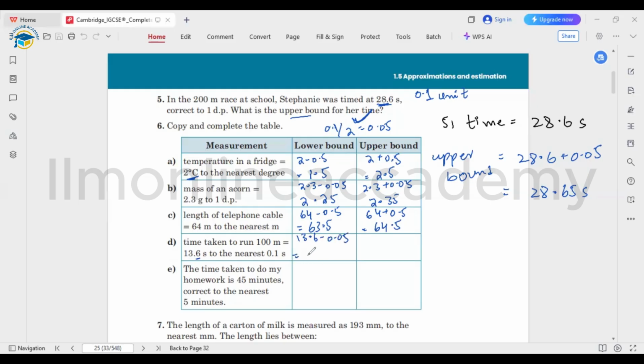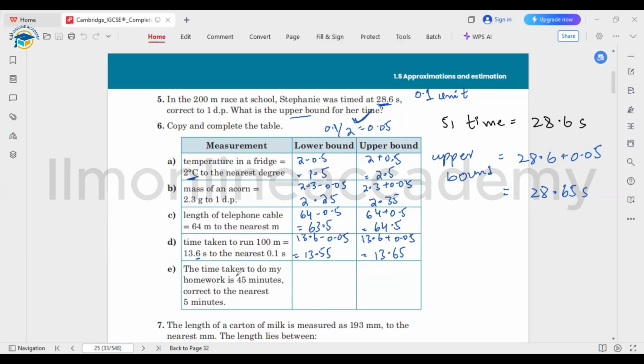After subtracting 0.05 from 13.6, it will be 13.55. And next, for finding the upper bound in 13.6, we need to add 0.05. So it's coming 13.65. This is your part D.